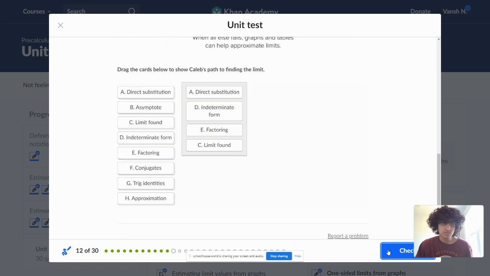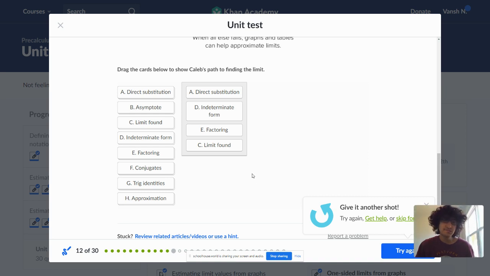Oh man, what did I do wrong? It's factoring and then limit found. No? What if I just remove it?